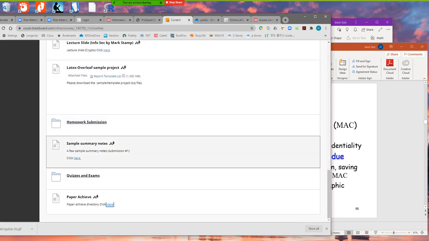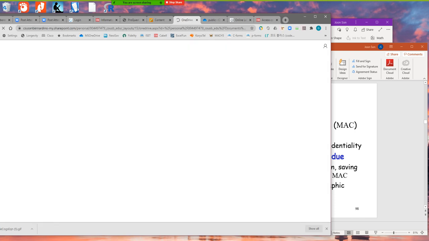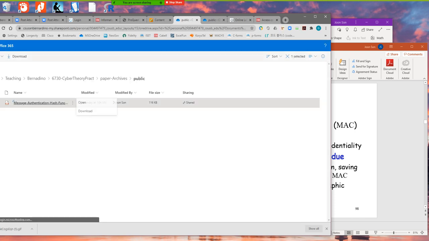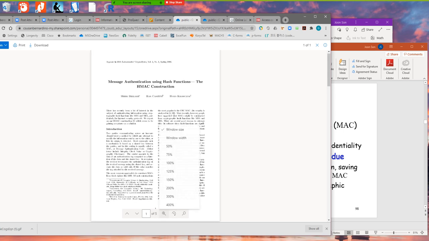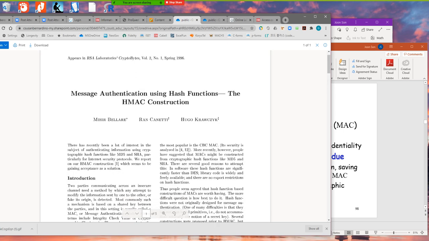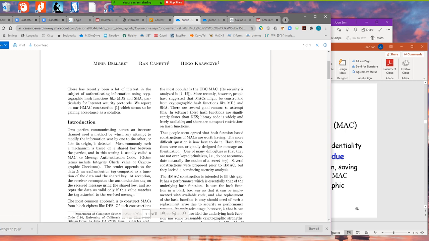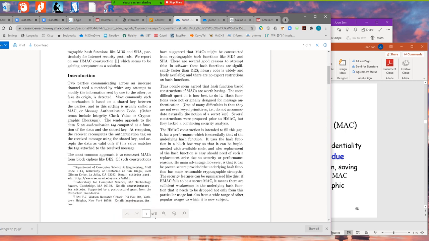Okay, fine, no problem. If you read this paper, sometimes they're talking about the MAC. I know this could be confusing, because MAC means message authentication code. That's the definition of MAC, message authentication code.